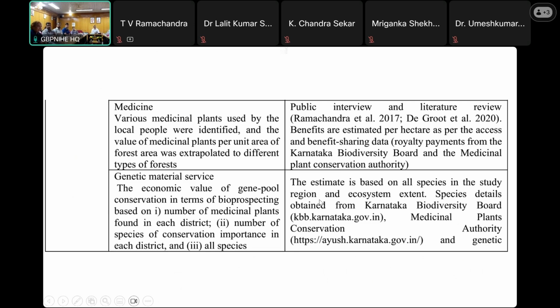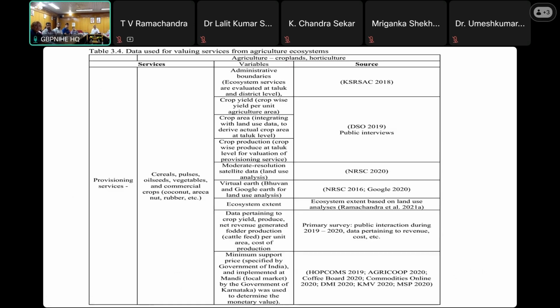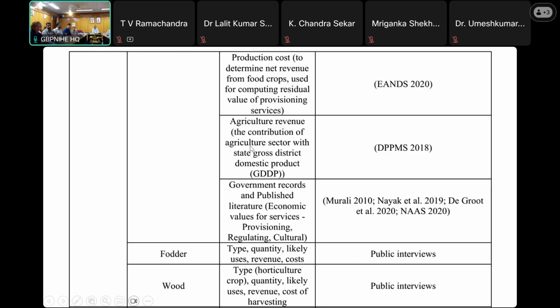Okay. So then this is about agriculture, which is rather easy. In Karnataka and many states, we have a publication called District at a Glance. It gives the spatial extent as well as the kind of crop grown. And also, since there is the MSP, the minimum support price, and all those things are available, we could quantify the benefit we get from agricultural crops.